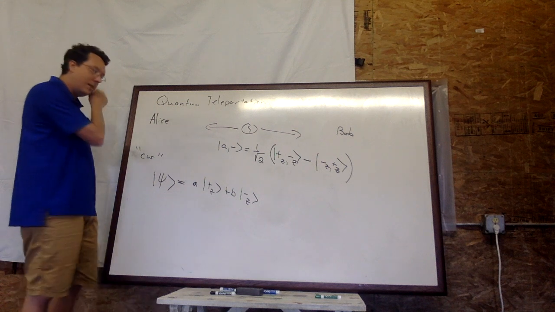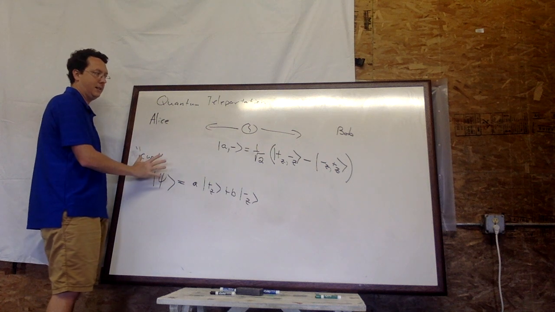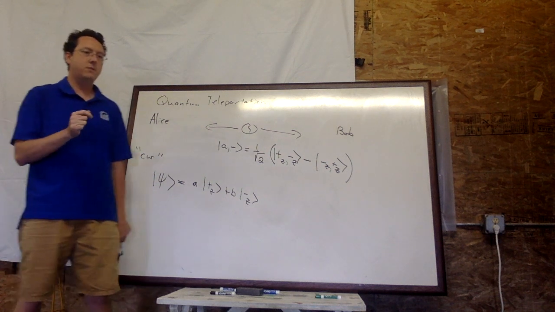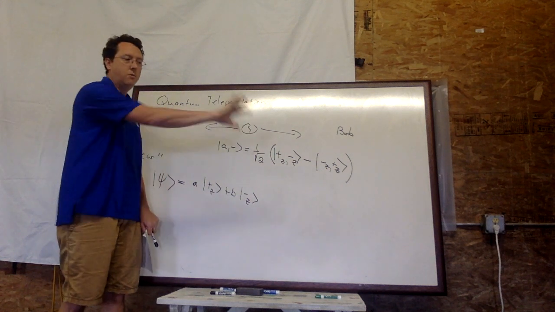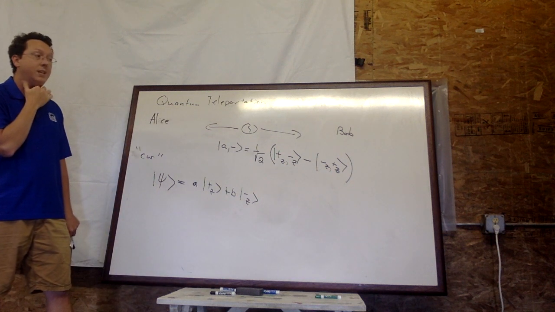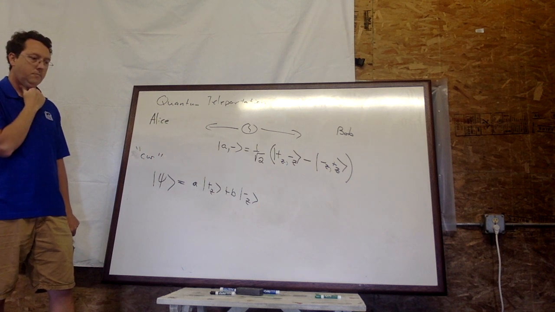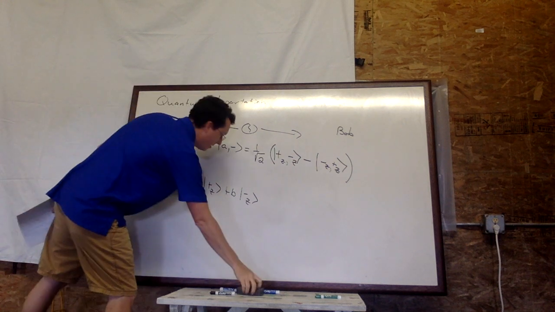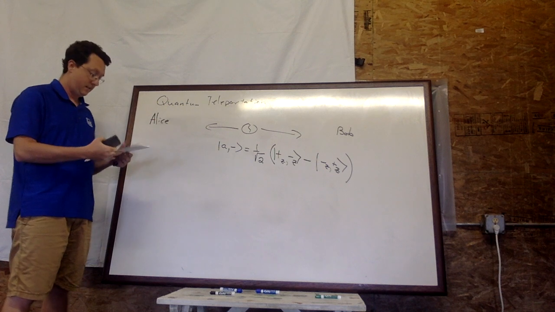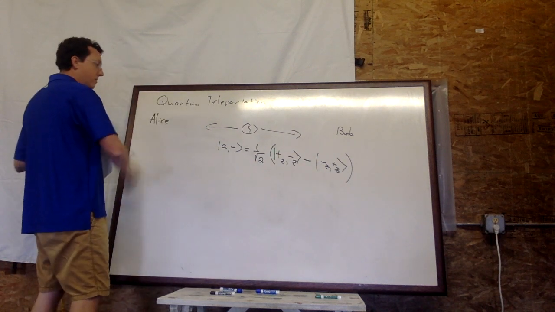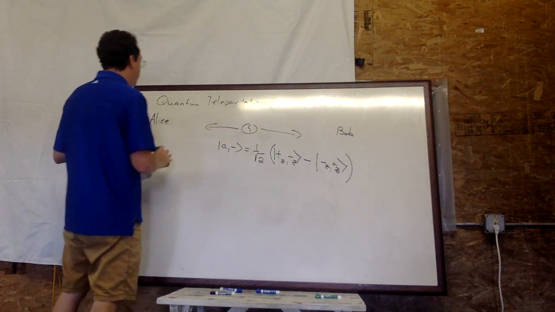What we want is some sort of protocol or recipe that she can take any state and give him a series of instructions, push this button, push that button, and then her state, whatever it was, is sent there. That's the goal. An arbitrary state starts with Alice, stuff happens, ends up with Bob.